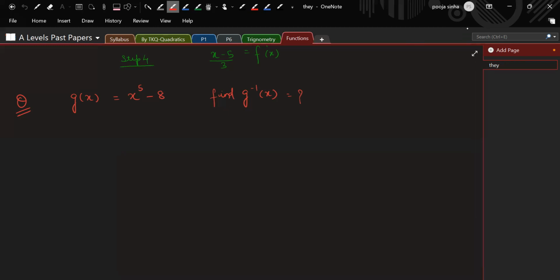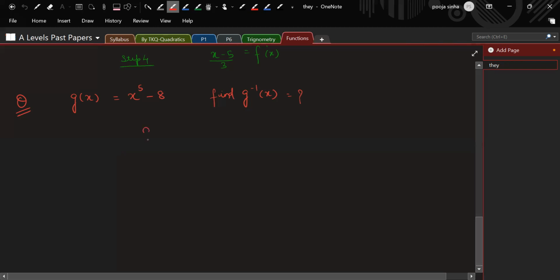Your answer for g inverse of x will be the fifth root of x plus 8. First I took g(x) equal to y, then substituted the y value in g(x), so y is equal to x to the power 5 minus 8.